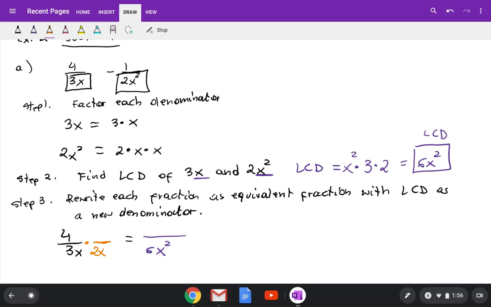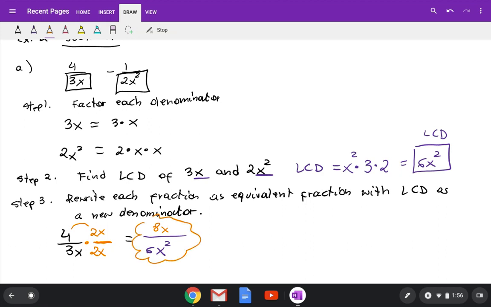And what I multiply on the bottom, I also have to multiply the top of the fraction by 2x because we're building equivalent fractions. So like you see, 2x over 2x is just 1. So now you will multiply 4 by 2x, and that will give you 8x. So this is our equivalent fraction.